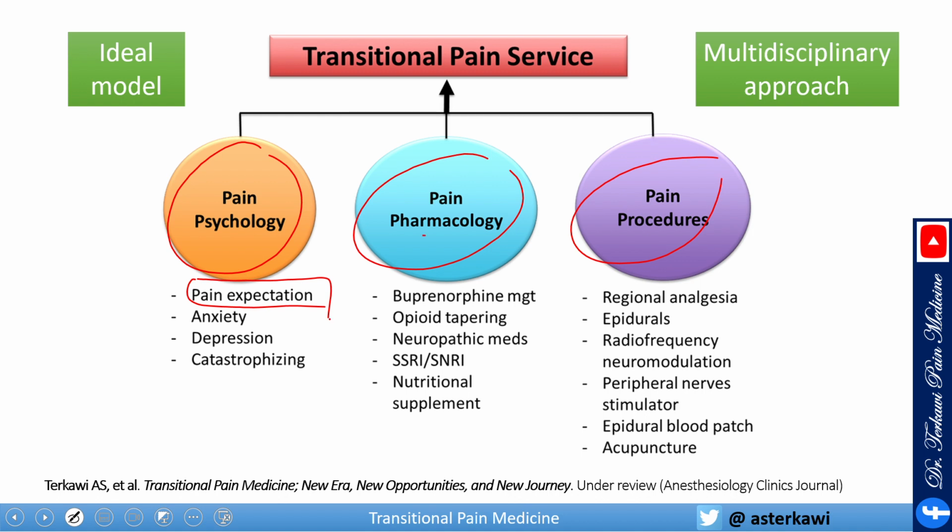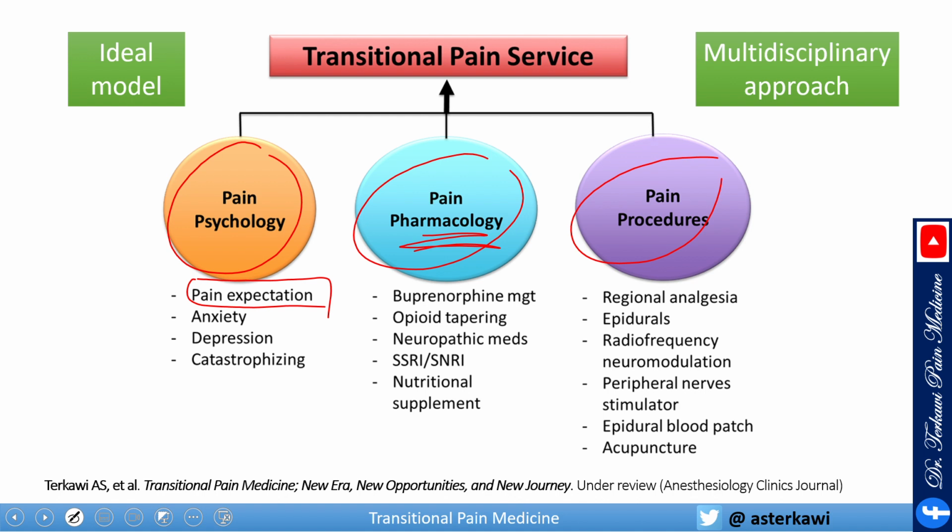Then pain management will mostly deal with patients on opioids to start with. So buprenorphine management, opioid tapering, and maybe starting these patients early on neuropathic medication like Lyrica or gabapentin, because remember, this needs time to work, so maybe start these at-risk patients early on.